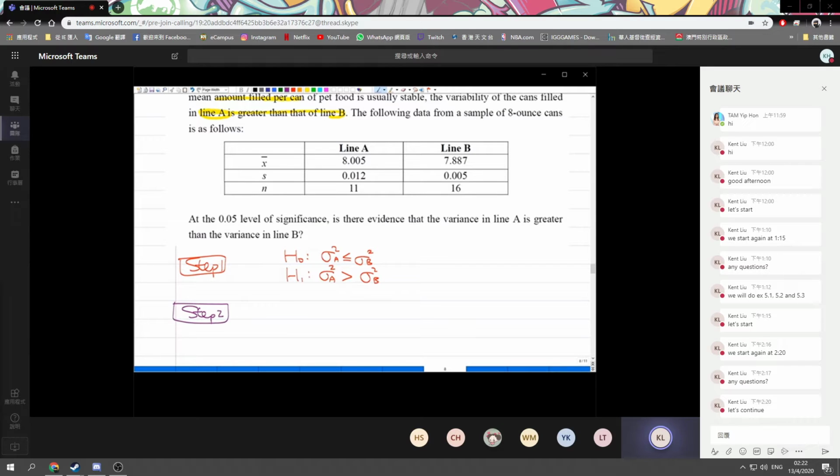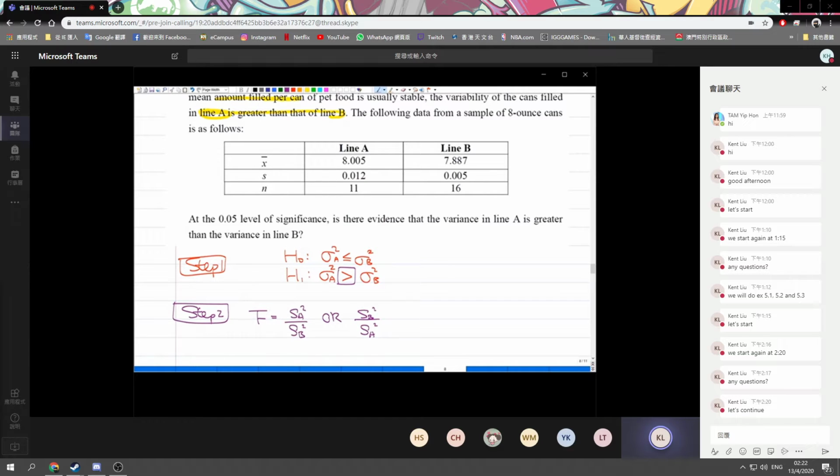For this one, again we have two versions: S_A squared over S_B squared, and S_B squared over S_A squared. So which one should we choose? Because this is a one-tail test, we want to put everything on the right side.